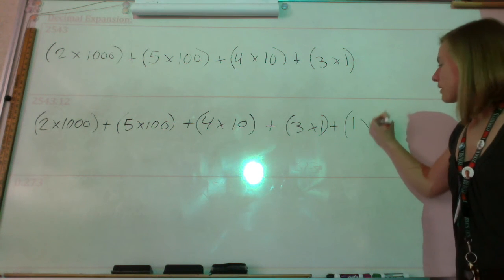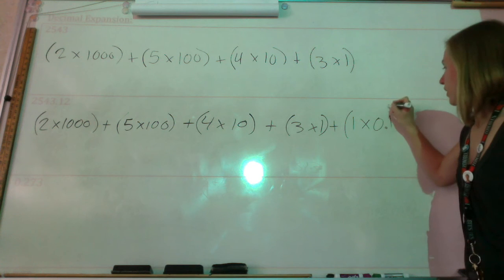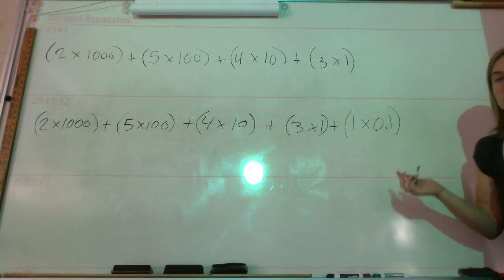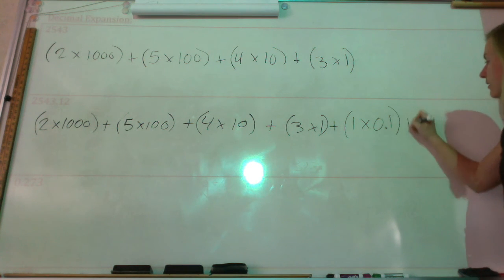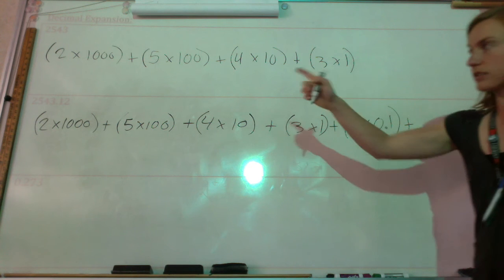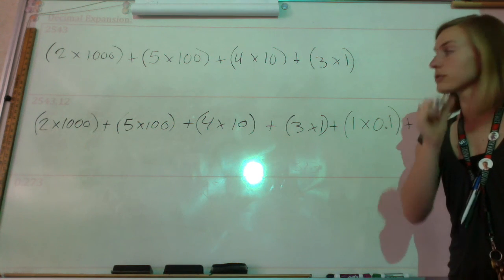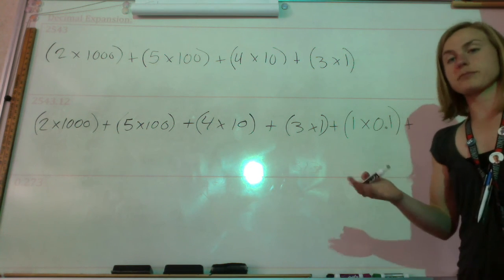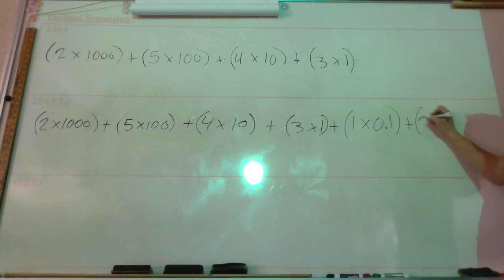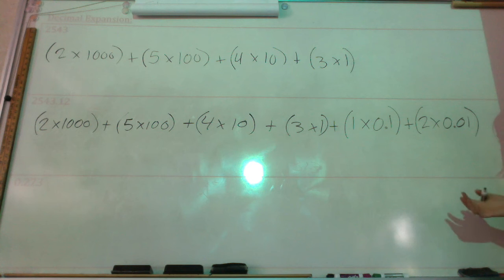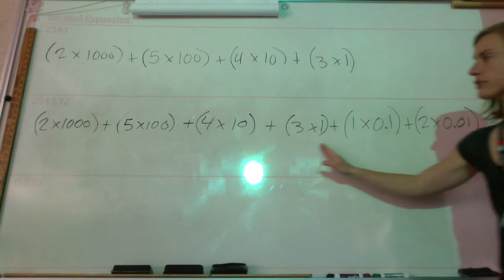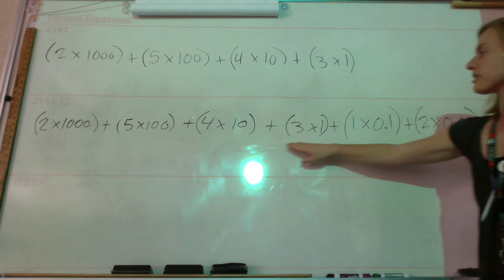So it's 1 times 0.1 because it's saying that 1 goes where that 0.1 is. Then secondly, where does that second 2 come in, that 0.02? It comes in the hundredths place. So that goes 2 times 0.01. And that's it. So regular expansion is pretty much the same as decimal expansion.